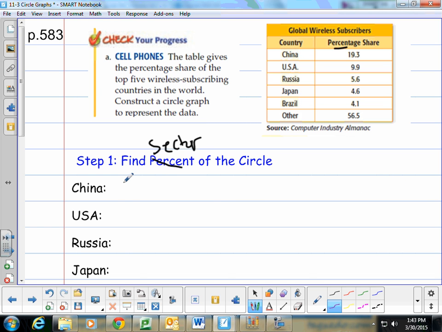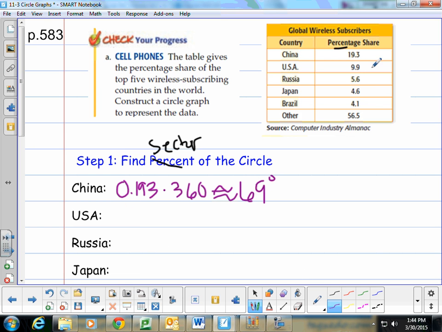So we change that to a decimal by moving the decimal 2 places to the left, taking that of 360. If we were to round these to the nearest degree, we would round that to approximately 69 degrees. I'm rounding for the first time today.